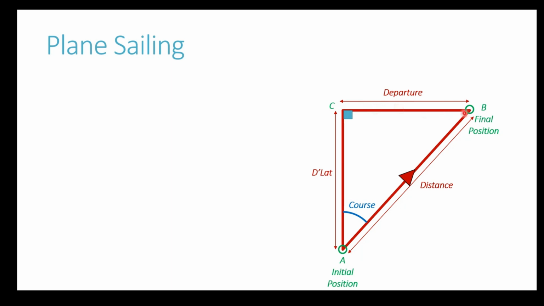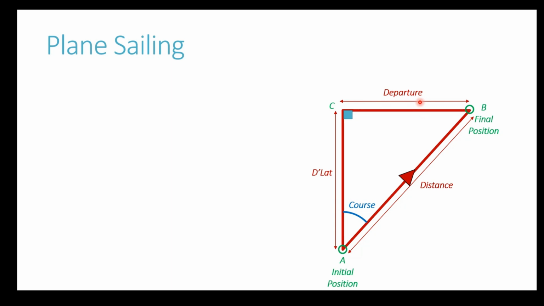And the horizontal side, BC, is the perpendicular. So we have identified the three sides. Distance is the hypotenuse, D-lat is the base, and departure is the perpendicular.